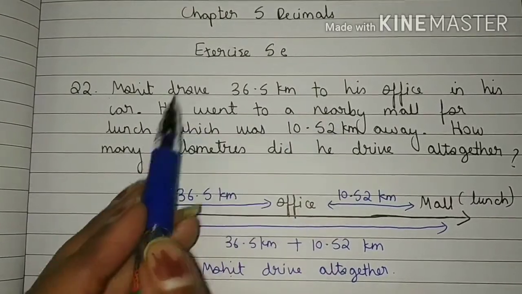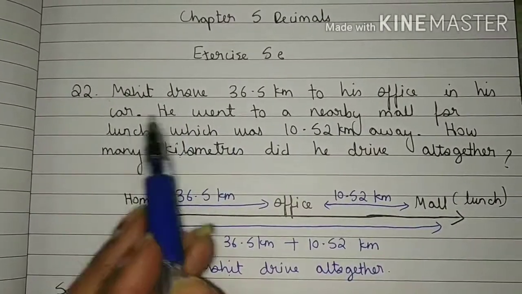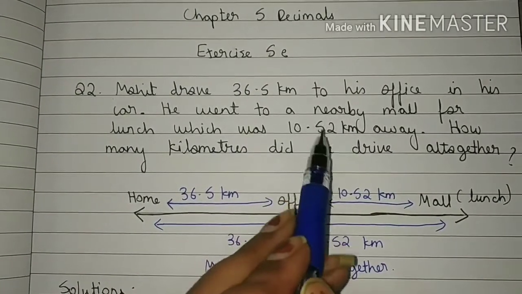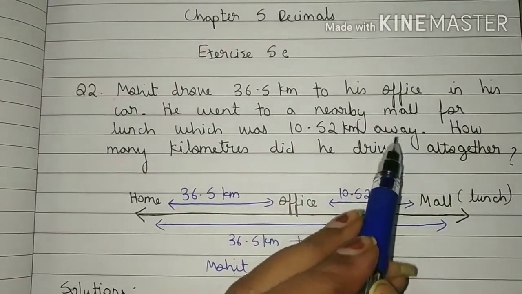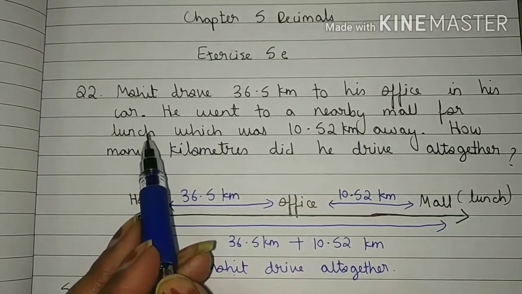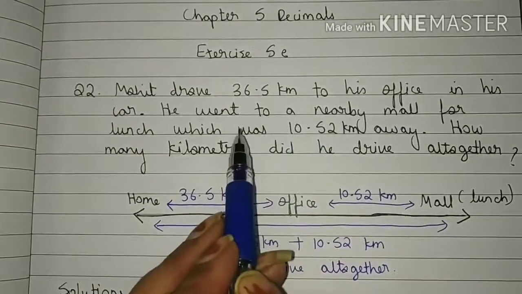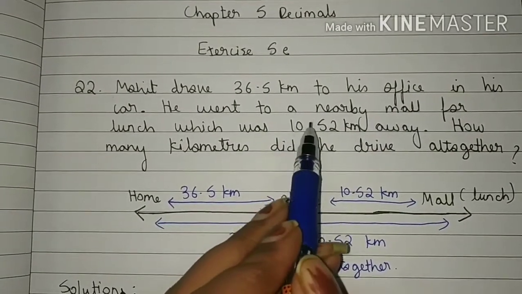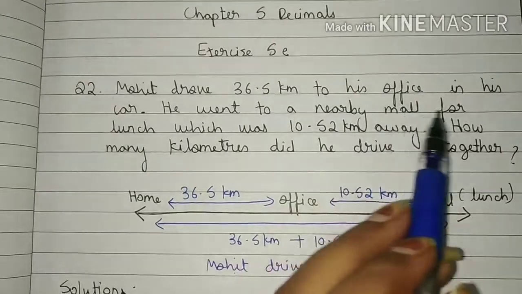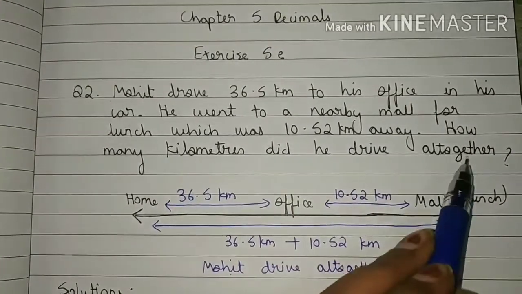After that, he went to a nearby mall for lunch, which was 10.52 km away. So, from office to a mall, he drives a car 10.52 km. How many kilometers did he drive altogether?